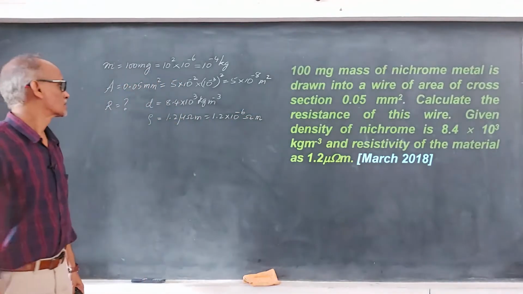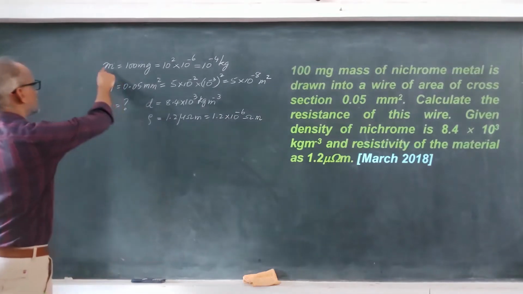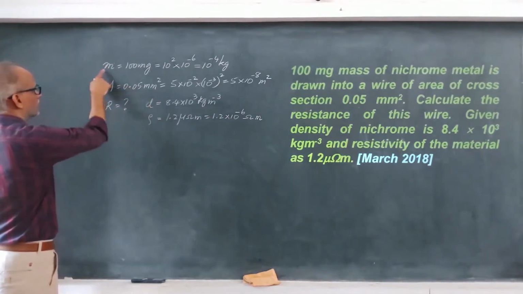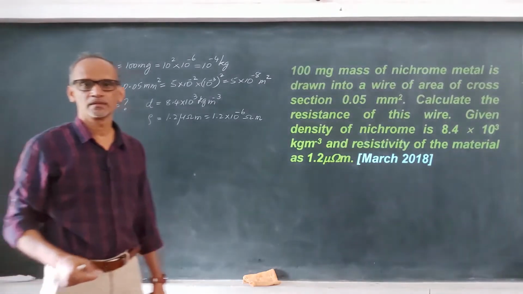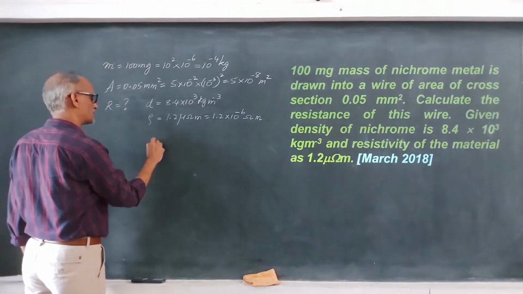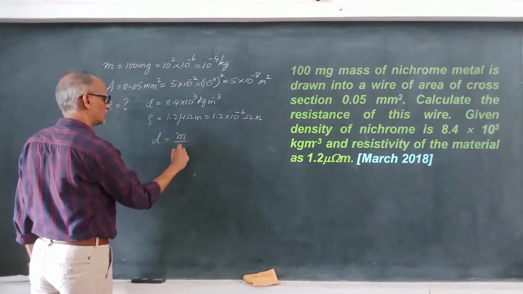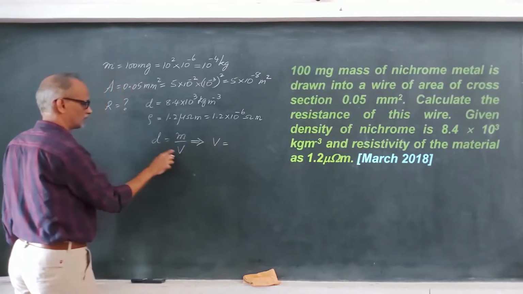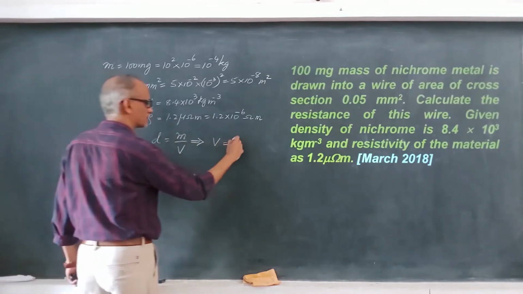Okay. So here mass and density are given. So from that we can always write the volume as well, correct? Density is equal to mass by volume, so volume is equal to mass by density.